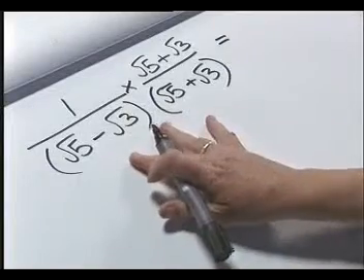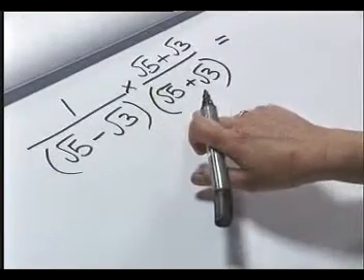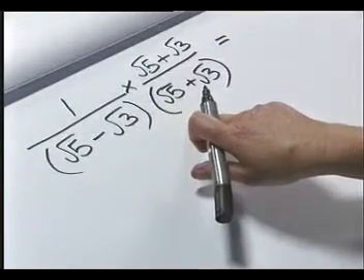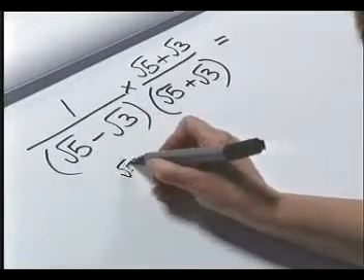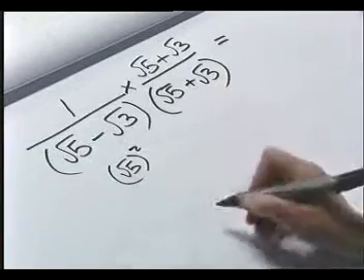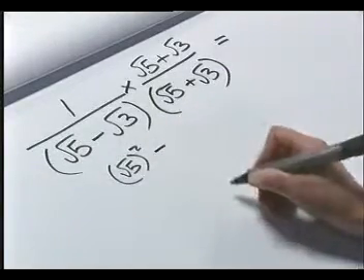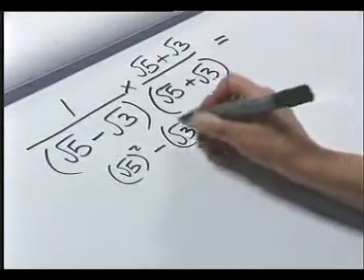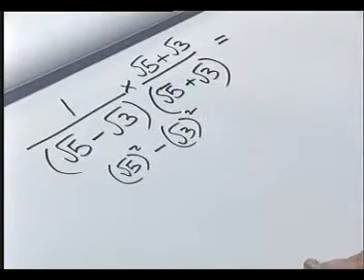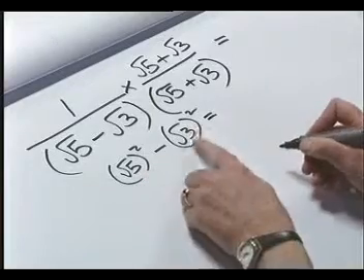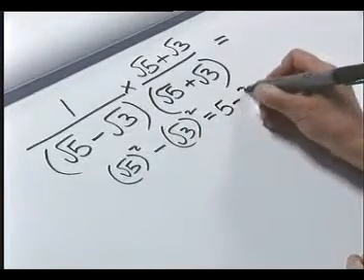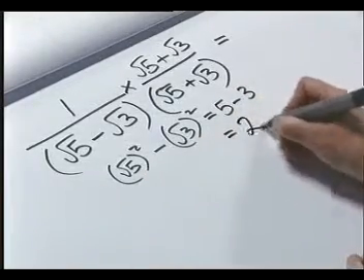We work out this expansion using the difference of two squares. The two squares involved are the square root of 5 subtract the square root of 3. When we evaluate that, that is 5 minus 3, which equals 2.